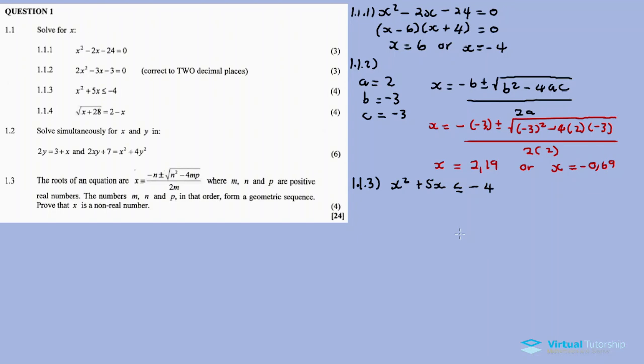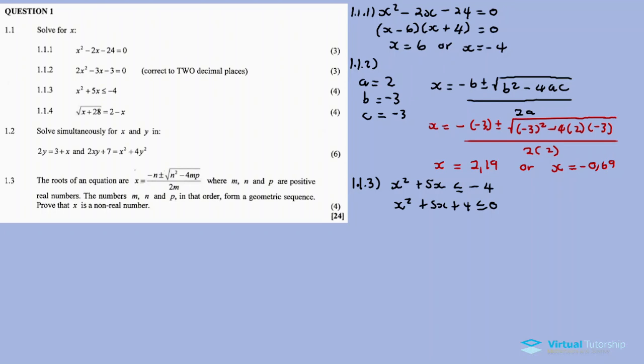Now 1.1.3, a quadratic inequality. Since this quadratic inequality is not expressed in standard form, I take the negative 4 and transpose it to the left-hand side, so it becomes standard form. You must express it in standard form so that you can simplify.